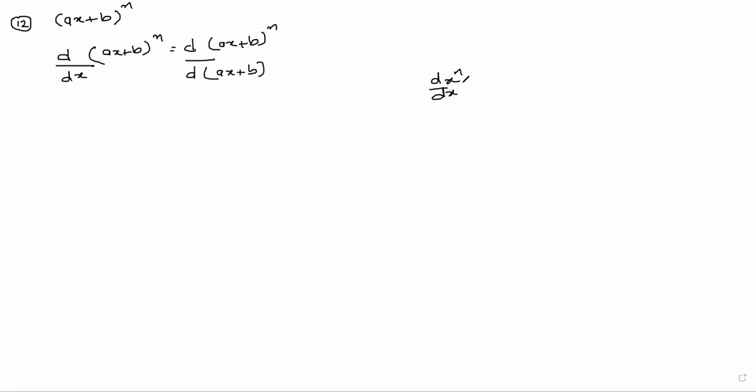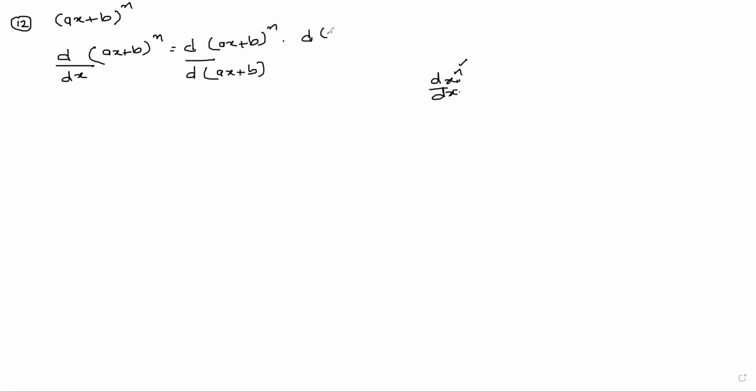We have this question. We need to differentiate ax plus b to the power n with respect to x. Noma, with respect to what will we differentiate this? Sir, ax plus b. If we check the formula for x to the power n, we differentiate with respect to x, so we must first make these two the same.